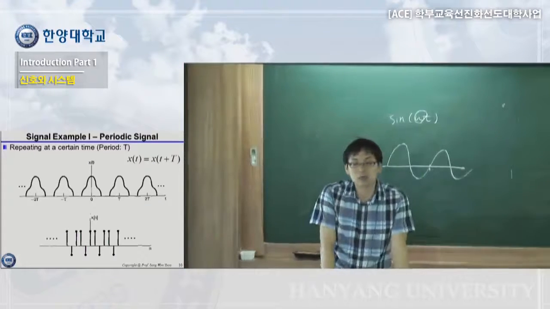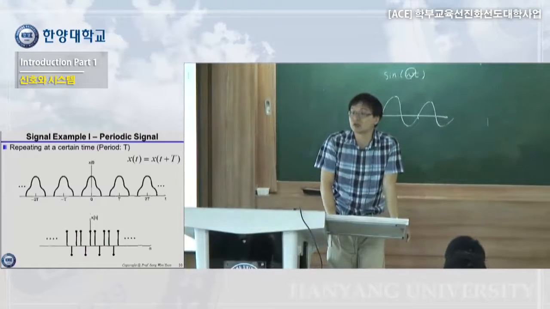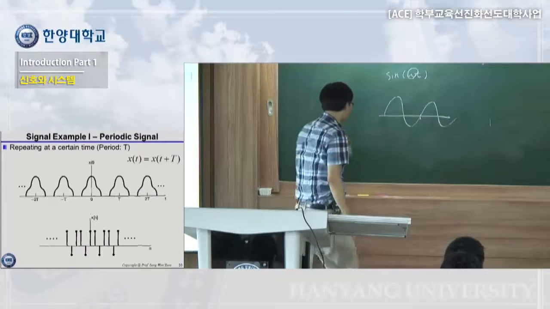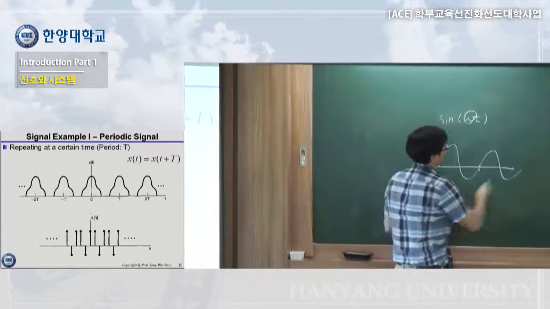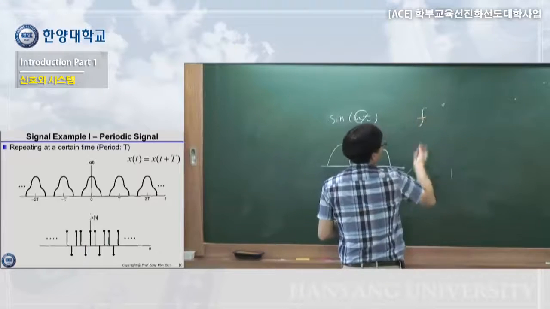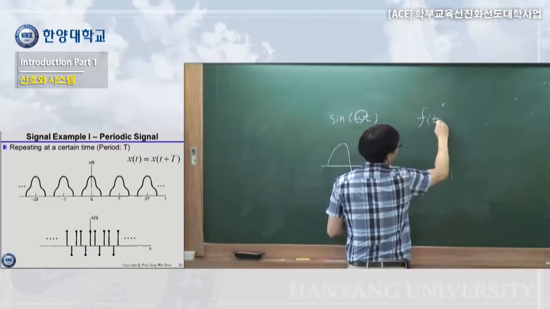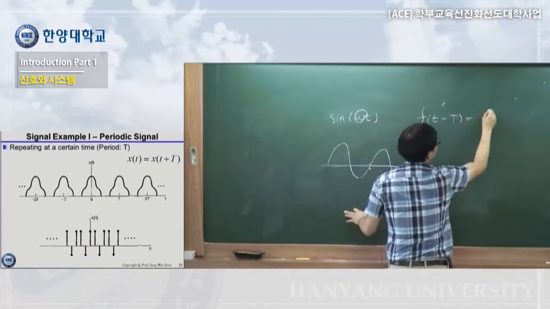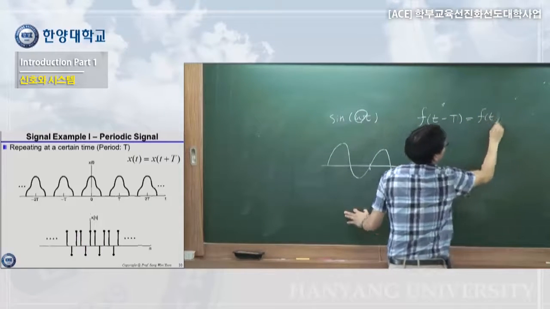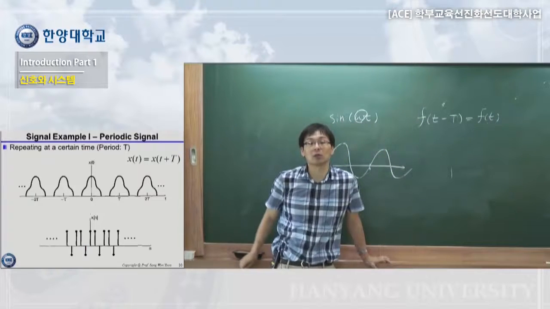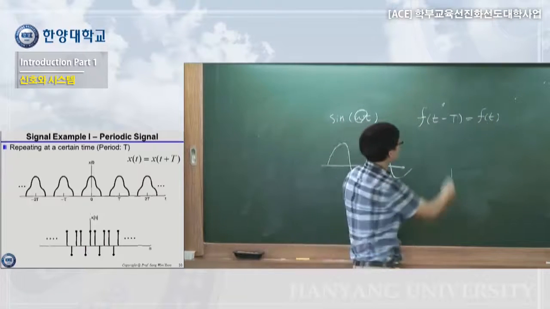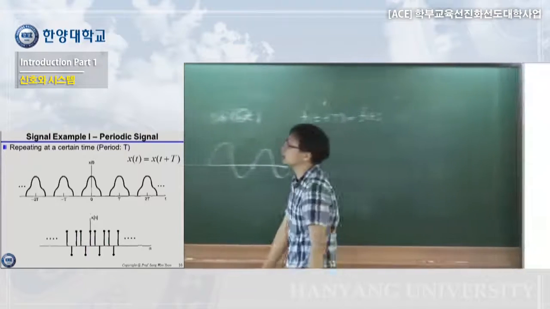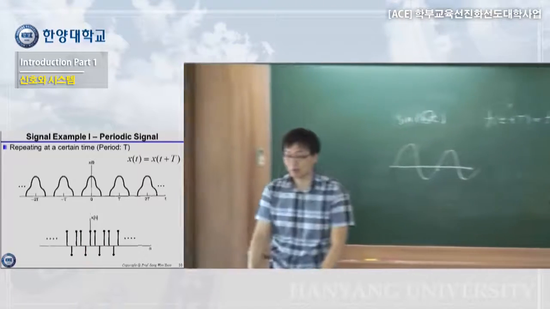Especially for a discrete-time signal, it is hard to see if it is periodic or not. One way we define it here is: if there is a signal and it always meets this equation, f(t) = f(t + T), that's the definition of periodic.